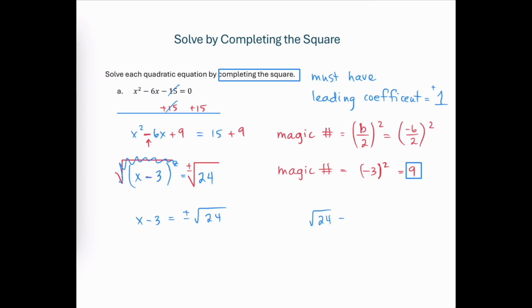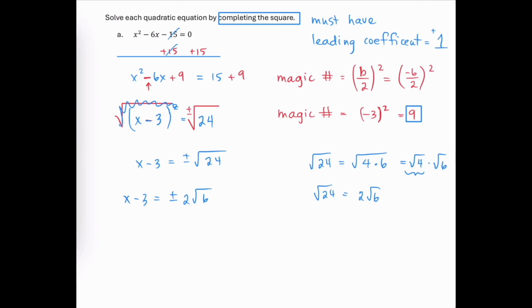Let's notice that the square root of 24 can be simplified. If we factor 24 into the product of 4 and 6, we can split a radical over multiplication, so the square root of 24 becomes 2 times the square root of 6. So in our next step, let's just replace radical 24 with plus or minus 2 square roots of 6.